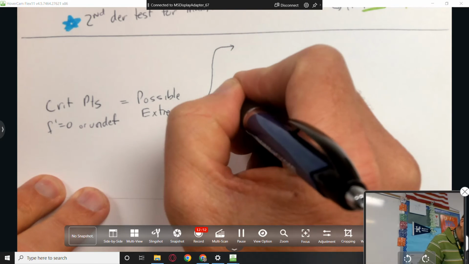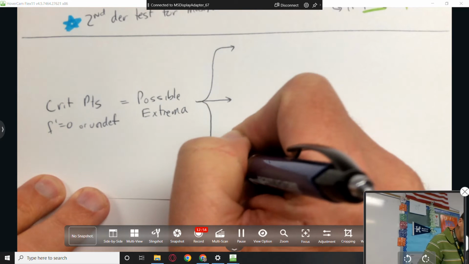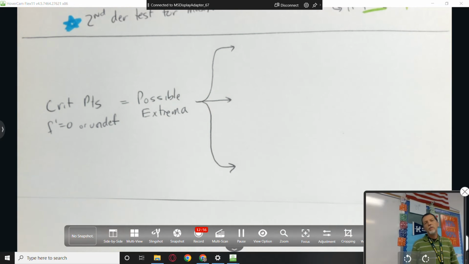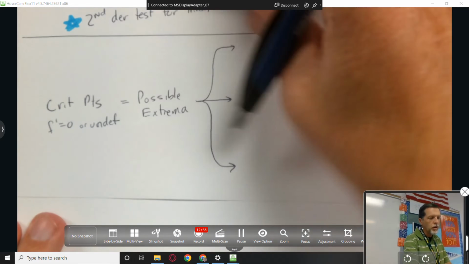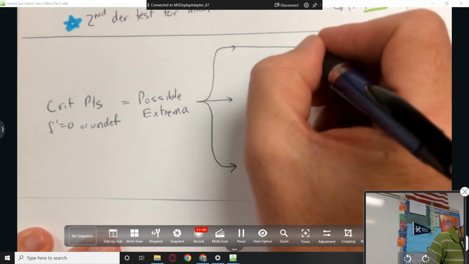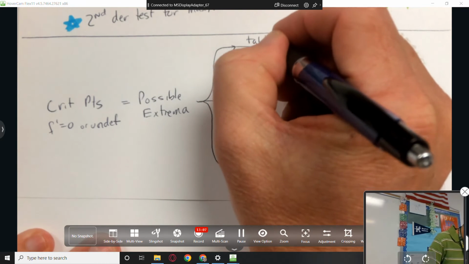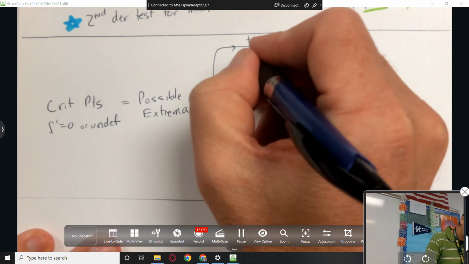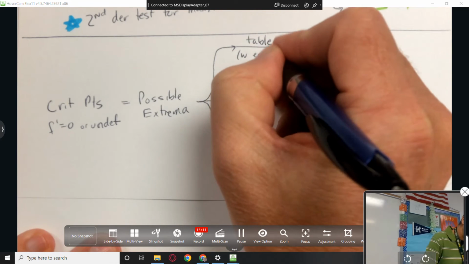So I'm going to give you a three-way fork in the road here because there are 3 different things you can do depending on the problem. You can make a table with endpoints.